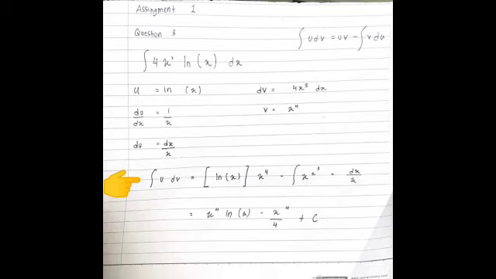So we get integral of v du equal to integral of x^4 times dx over x, and the x we cut because they are the same at the bottom and the top. So we get x^4 ln(x) minus x^4 over 4 plus c.